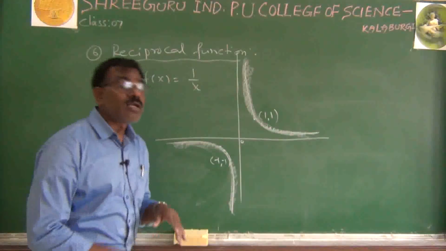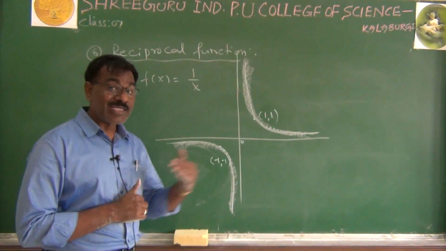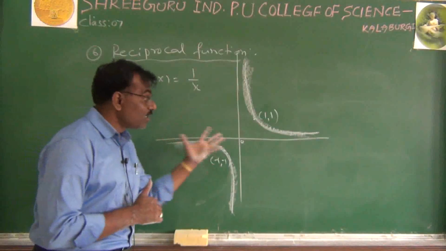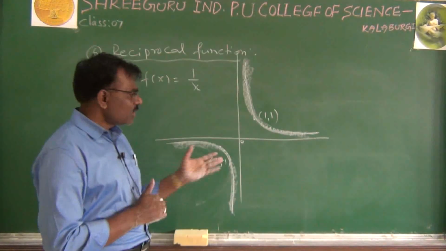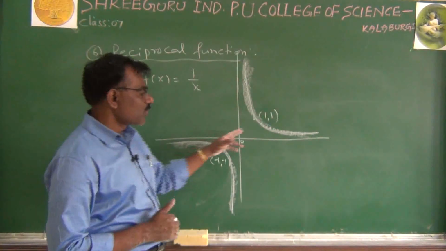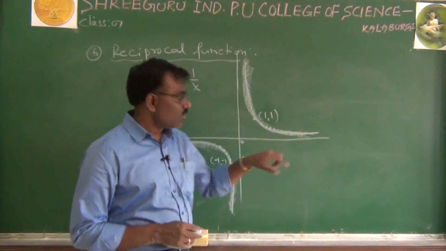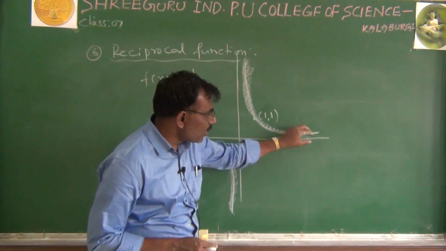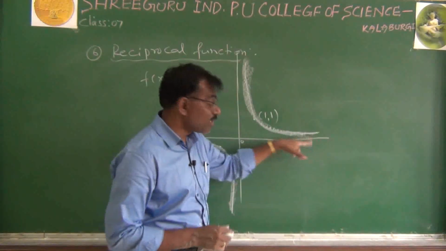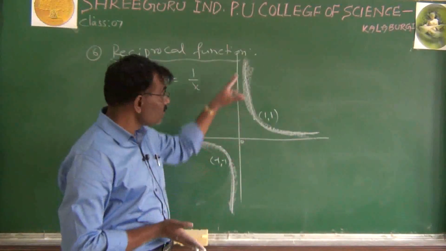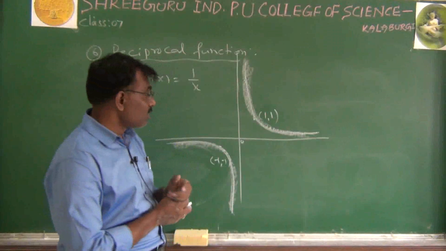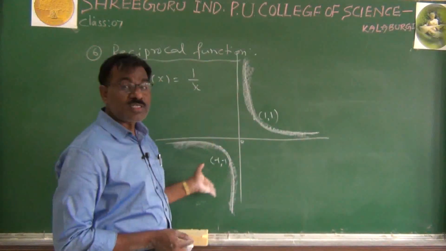This is also called a rectangular hyperbola. Be careful with these words: rectangular hyperbola. The rectangular hyperbola has branches extending up to infinity. These branches do not touch the axes. Asymptotes mean these lines extend up to infinity, to the right and to the left.